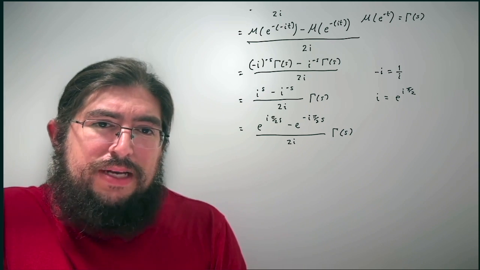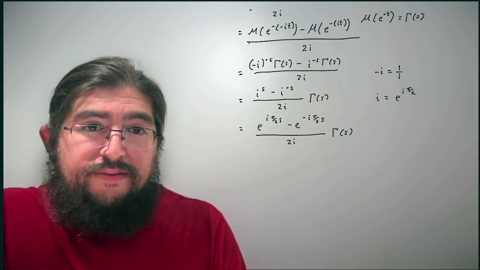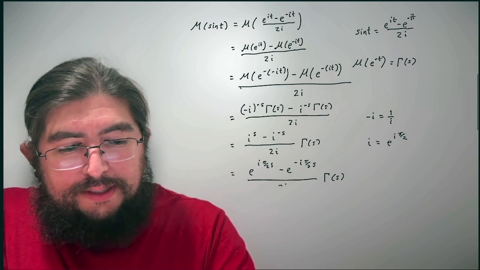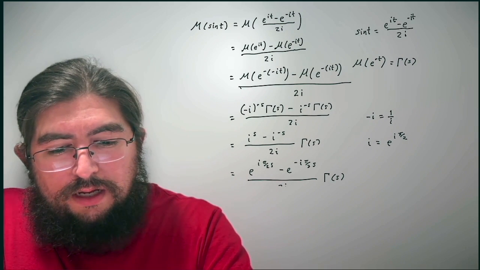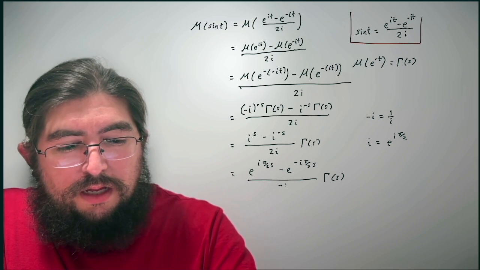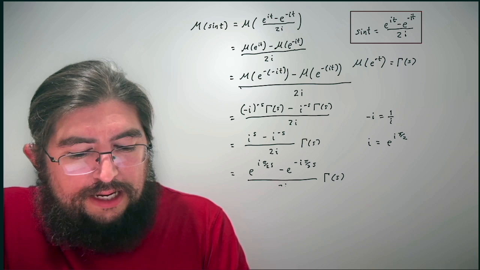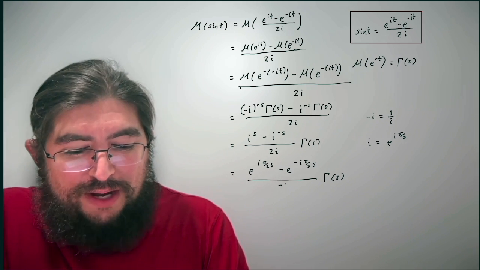And exactly from the definition I gave earlier for sine of t in terms of e, this guy right here, let me box it. Notice t in this case is pi over 2 s.